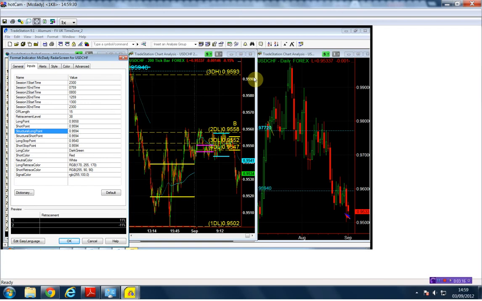On the downside, we will take it short below the low of the day, below this low over here, because we want this to continue. So we're going to go short below 95.20, and our structural short point, let me see if I can find one on the daily chart.